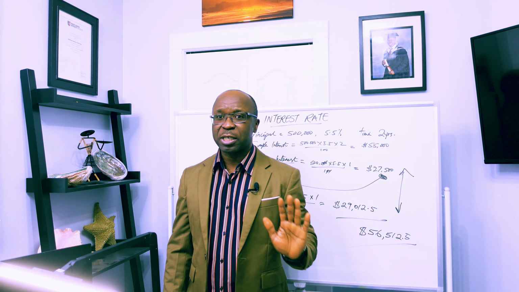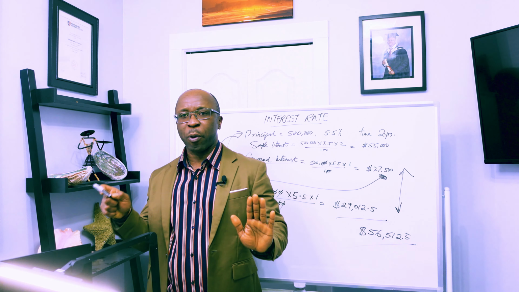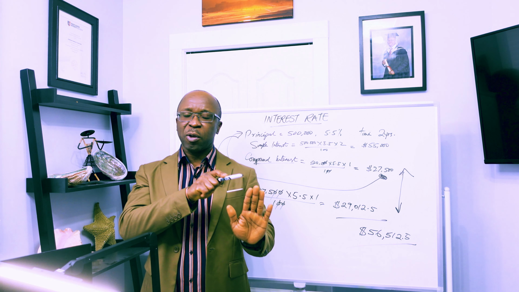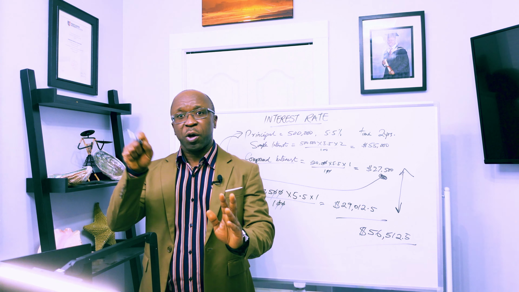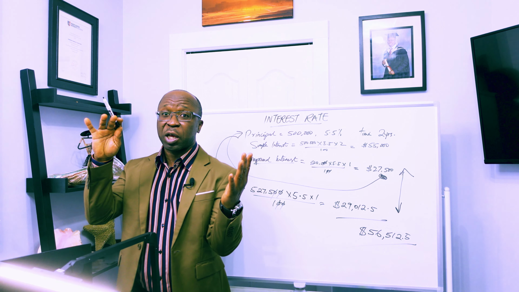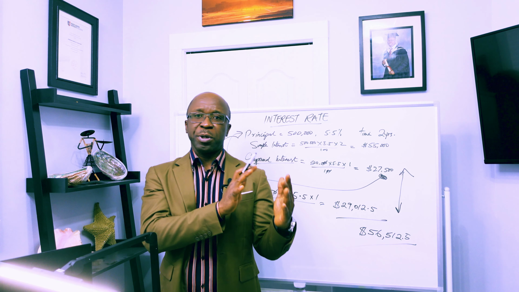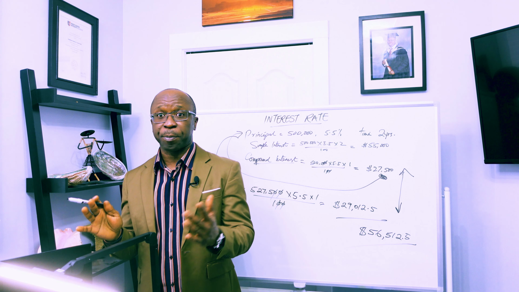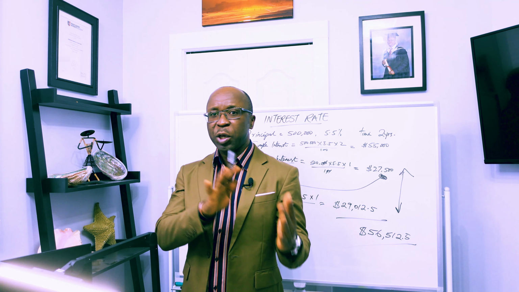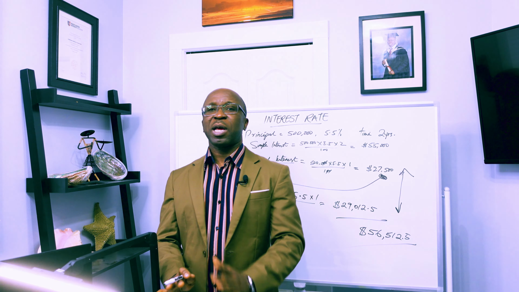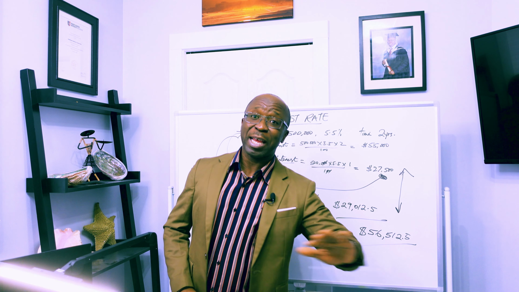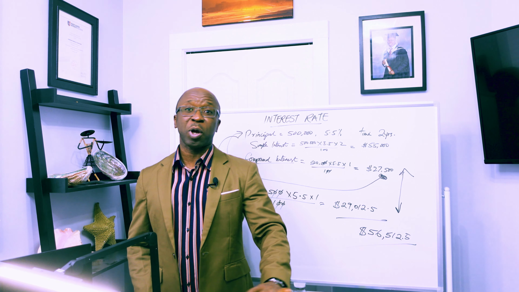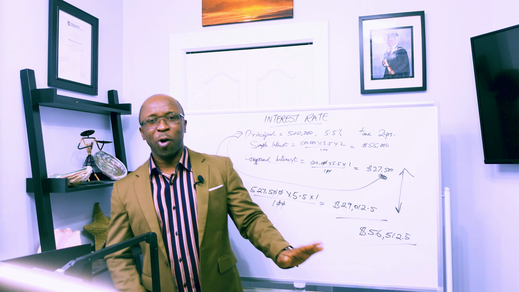The only difference is that for every other year, we're going to be adding interest to it while we calculate the interest for that second year. For the third year, we take all the interest accumulated, add it back to the principal, it becomes the new principal. So we keep getting a new principal for each year. That's what compound interest is all about. Then when we are done calculating the interest for all the years, we come back and add up all those interests.